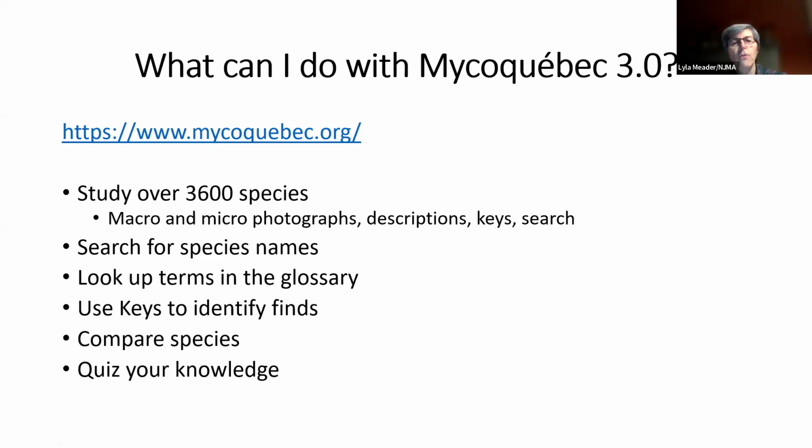In many, if not most cases, there are micro photographs, so microscopy work. Most of them have descriptions. A lot of them are part of keys, and you can search for all of them. There's lots of different ways to search, including by species name. You can also search by the genus and other ways, but the basic way is go in and look for a species name.